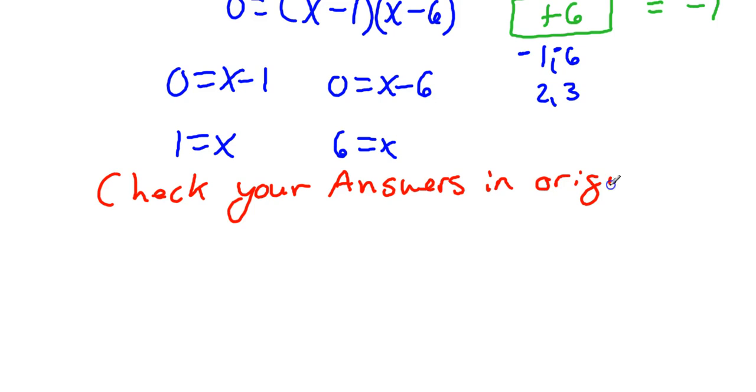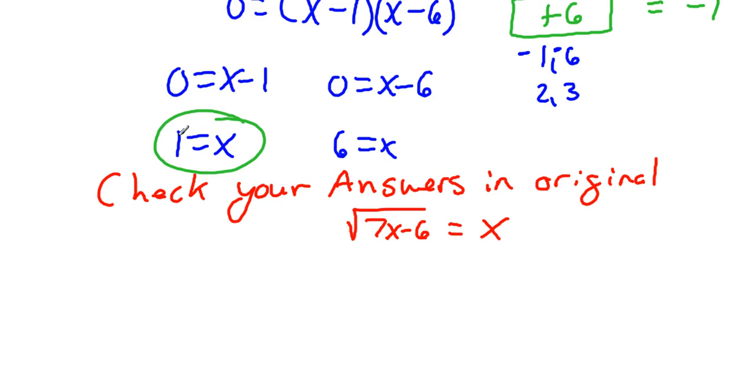And you've got to go back to the original problem to check it. And the original was what? Square root of 7x plus 6, no, minus 6, equals x. Okay, so we'll start with x equals 1. We're going to plug it back in and see what we get here.